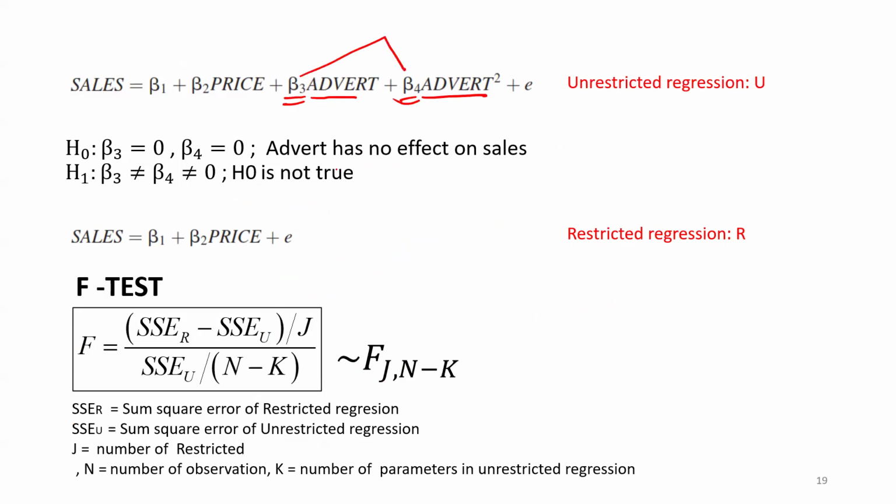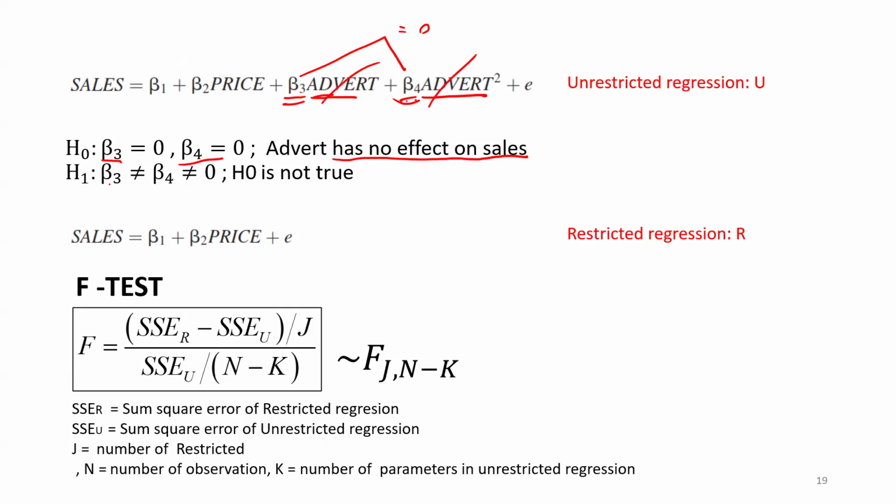If adverse has no effect on sales, it means both beta 3 and beta 4 must be 0. Again, if beta 3 and beta 4 are both 0, adverse will not affect sales.